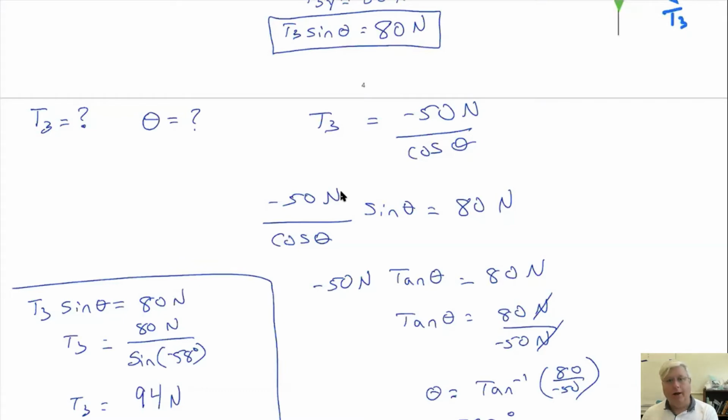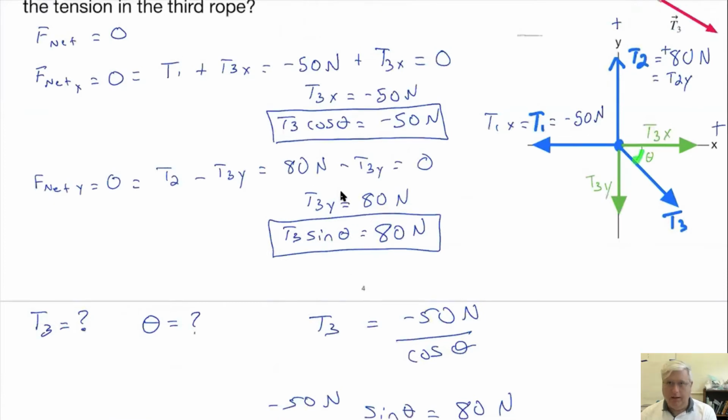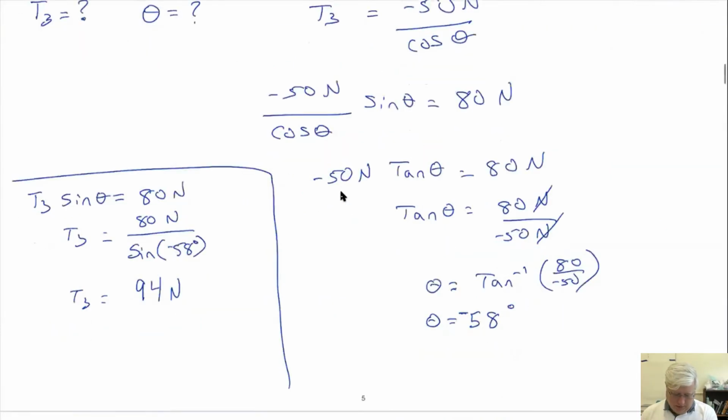We already figured out what the direction was, and really we didn't even need to know that this was negative here because we knew that we were solving for this angle here. Okay, so we really had already set it up, so we knew where it was going to be. It was going to be below the x-axis, but the negative there helped a little bit.